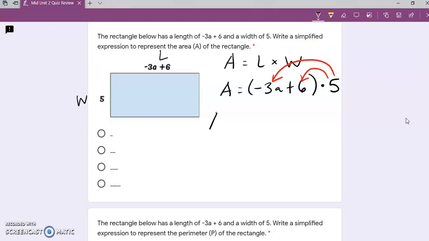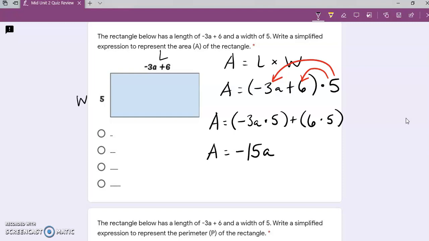So when I'm trying to calculate my area, again, I can separate it into two groups. Negative 3a times 5 and 6 times 5. Those are my two separate groups. Negative 3a times 5 is negative 15a.